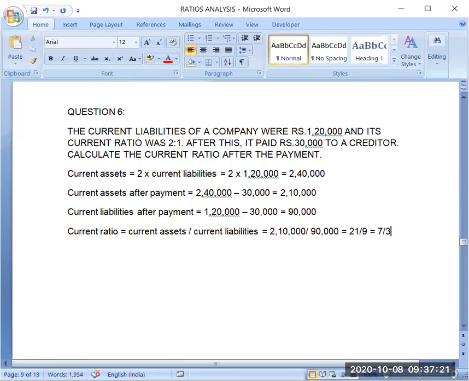Now we can divide it easily: 3 to the 6, 1 is remainder, 2 point, then 3 to the 9, and this way you can write it as 2.3:1. So your current ratio will now be 2.3:1.